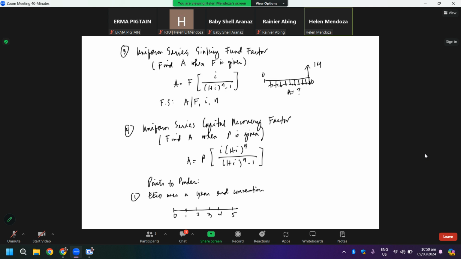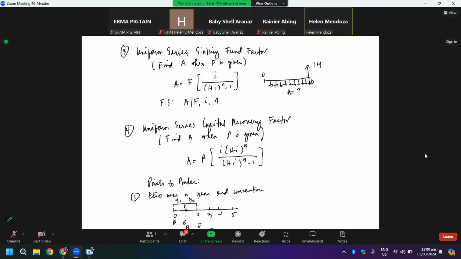So if you are to consider year 1, the beginning of year 1 is time 0 and it ends at time 1. When we consider year 2, the beginning of year 2 is time 1 and it ends on time 2. Similarly, the beginning of year 3 is at time 2 and it ends at time 3.